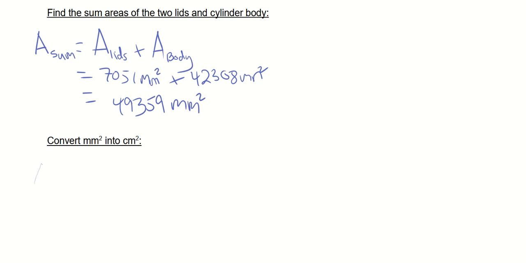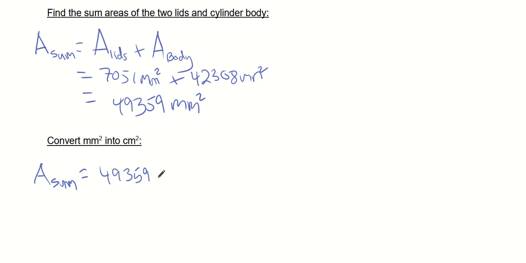So what I'm going to do is, well, this is the area of the sum, right? Again, our conversion is done the same way, always done the same way. And actually, it might be better to show you the numbers, because it's easier looking at numbers than letters. So the number is 49359.